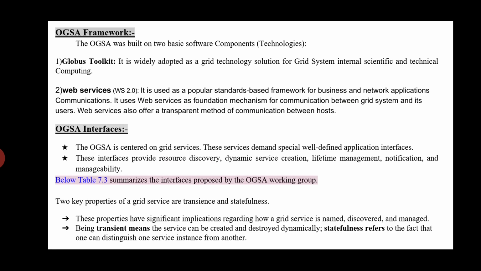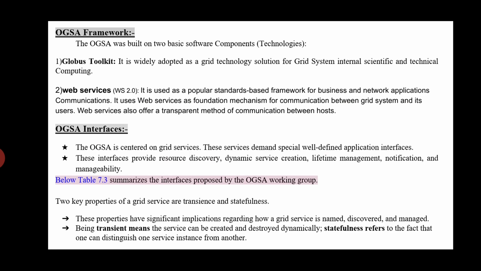Coming to web services, what are web services? It is a popular standard based framework for business purposes, network applications and as well as network communications.